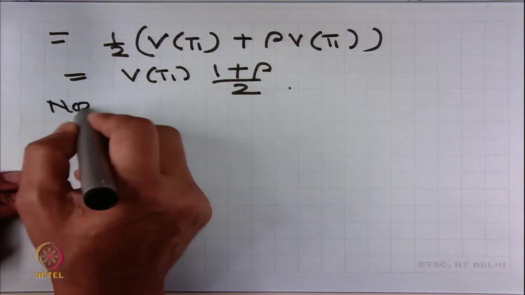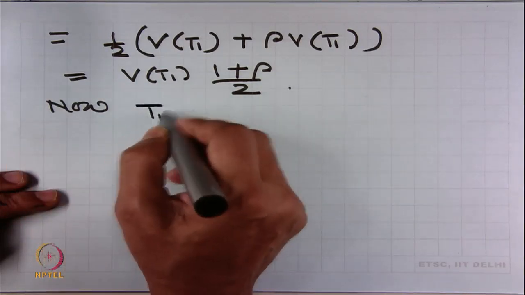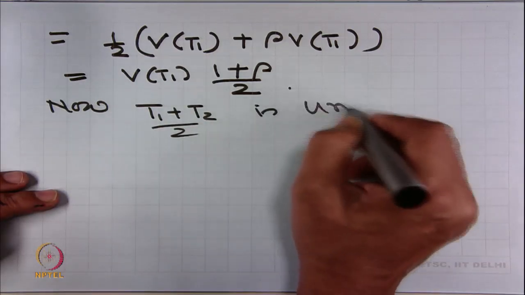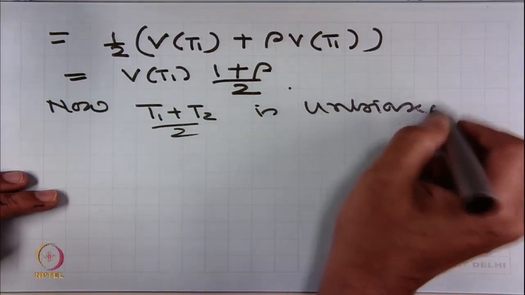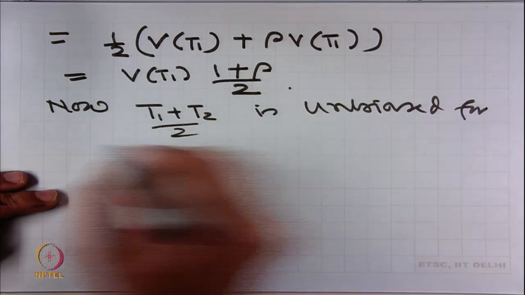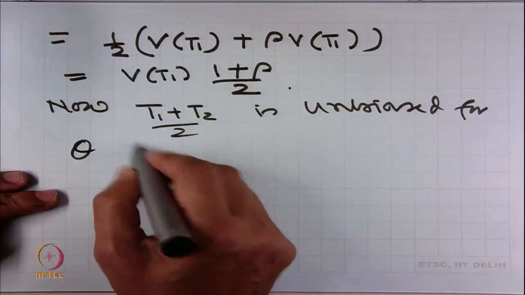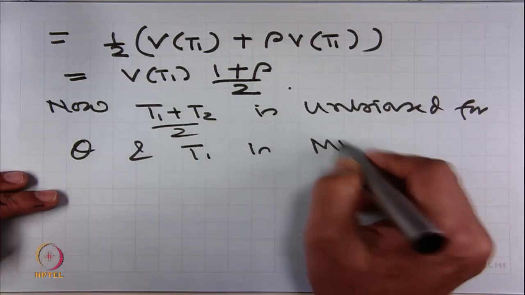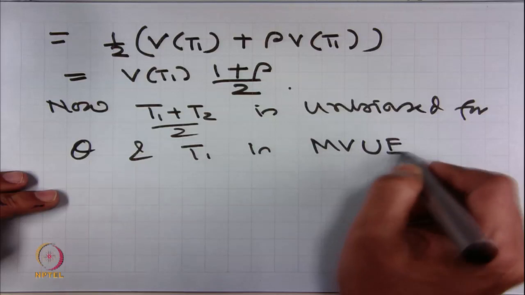Now, T1 plus T2 by 2 is unbiased for theta, and T1 is the minimum variance unbiased estimator.